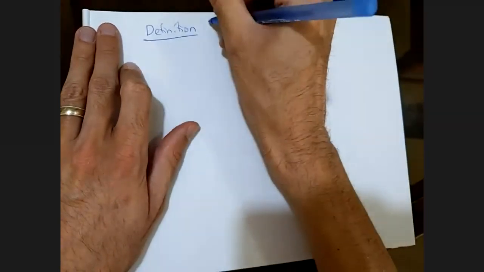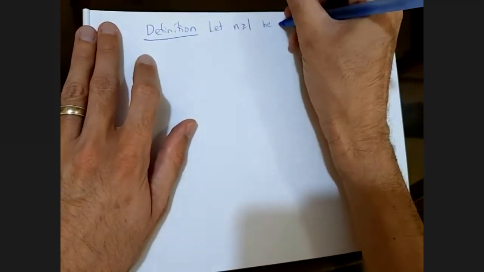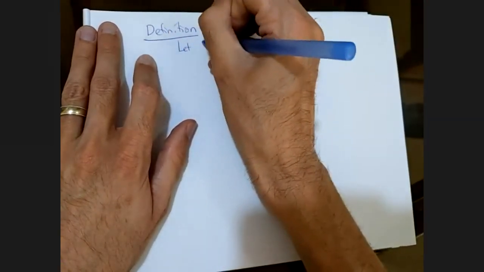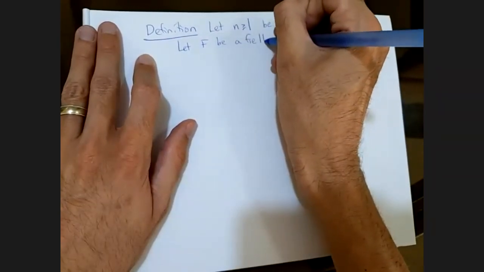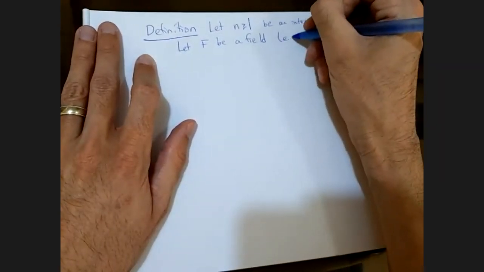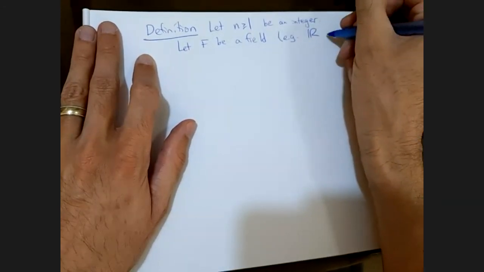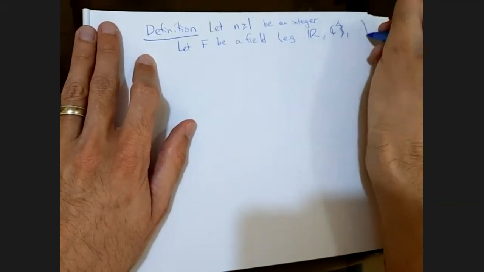Okay. Let n be an integer, and let F be a field. For example, the real numbers, or even a finite field or complex numbers. I'll just put etc.